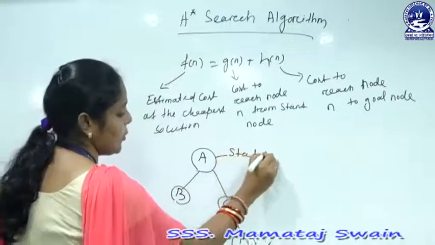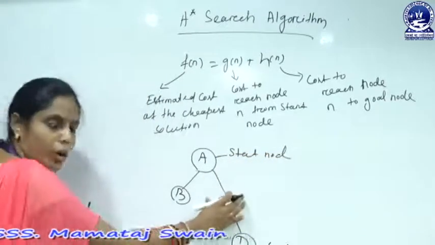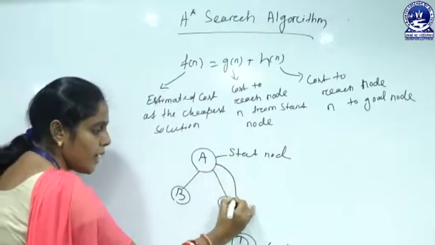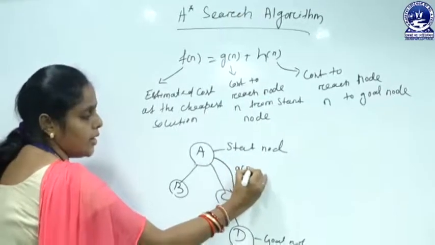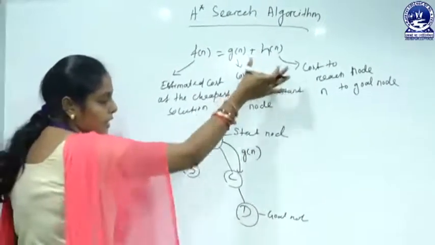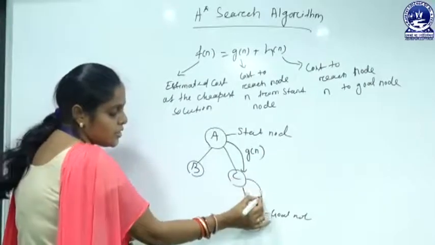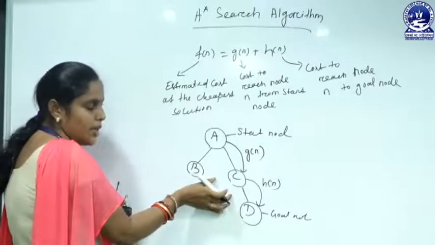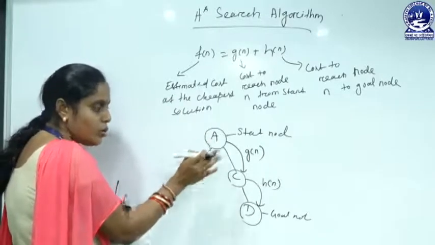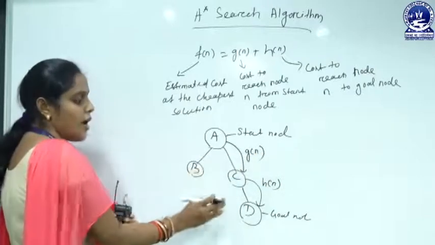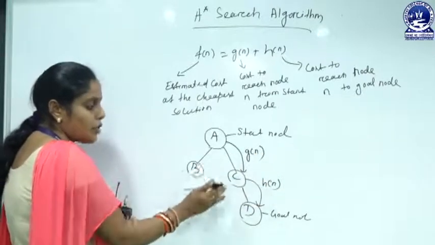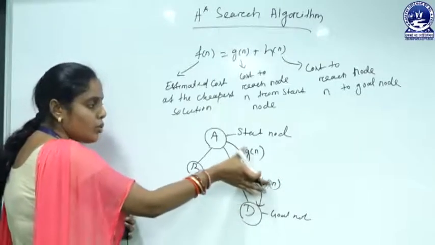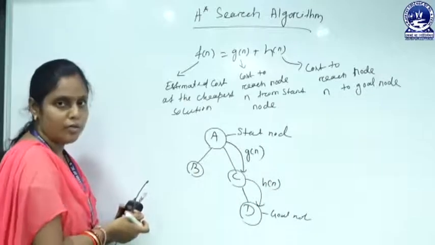For node C, g(n) is the cost from node A to C, and h(n) is the cost from C to D. That means for node C, the cost from the initial node to that node is called g(n), and h(n) is the cost from that node to the goal node. Combining these two gives us the evaluation function.